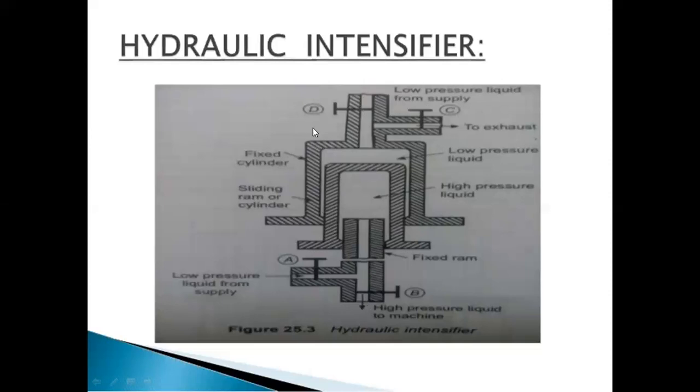First, we will open valve D and valve B and close valves C and A. From valve D, the low pressure liquid from the supply will enter and fill this fixed cylinder.